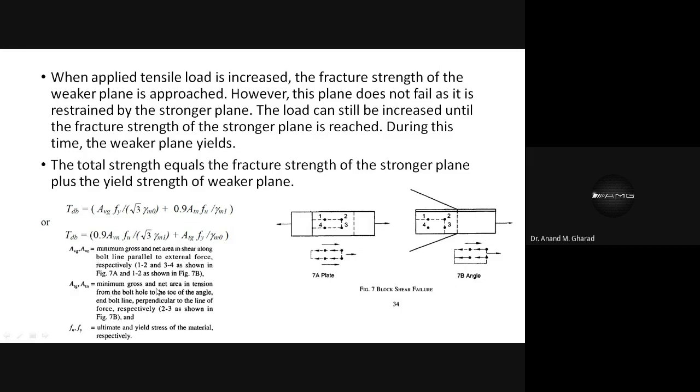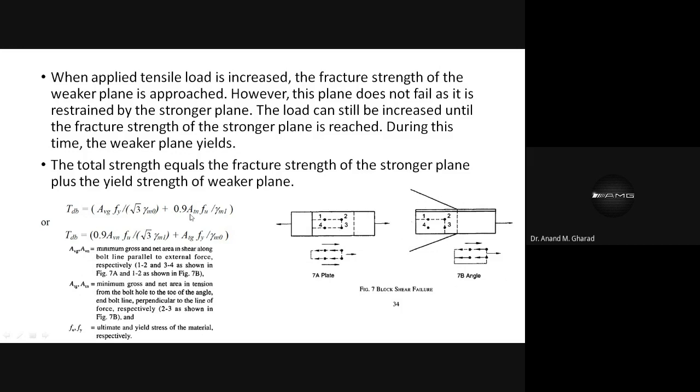ATN is the minimum net area in tension from the bolt hole to the toe of the angle, perpendicular to the line of force as shown in the figure. So we will also see what is the effect for the angle section. Whatever I have discussed is especially for the plate member. एंगल सेक्शन का मैं डिस्कस करूंगा आप लोगों के साथ, ठीक है.